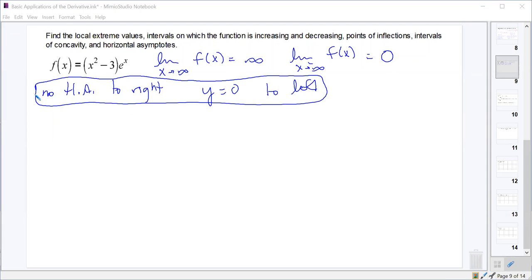For when is this increasing and decreasing, and the local extrema? We'll need a derivative. So f prime, that's a product rule problem, right? So x squared minus 3 times the derivative of e to the x, which is e to the x, plus 2x times e to the x. And we can factor out the e to the x from all of that.